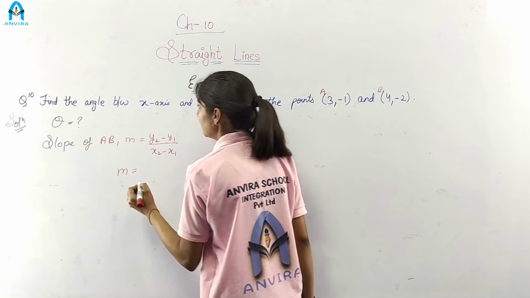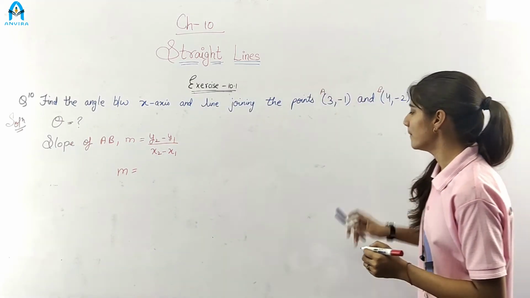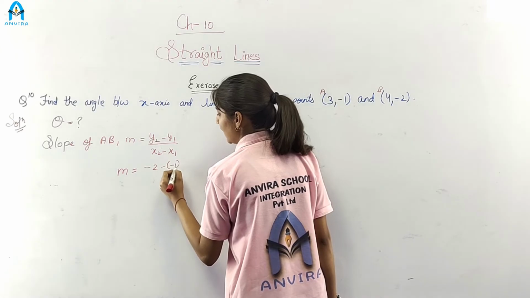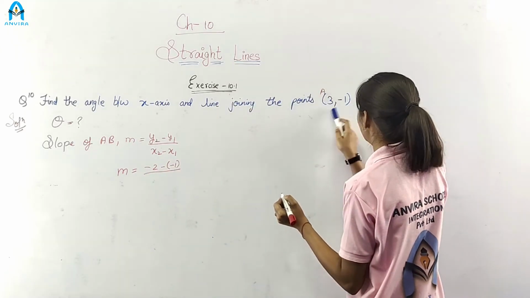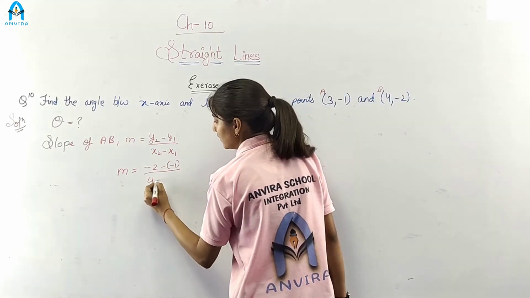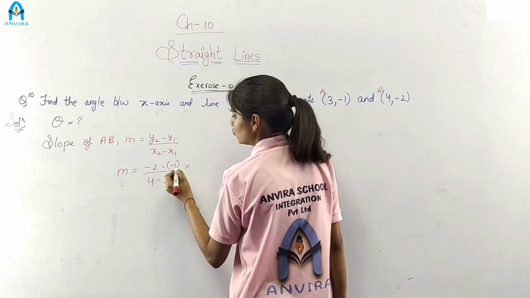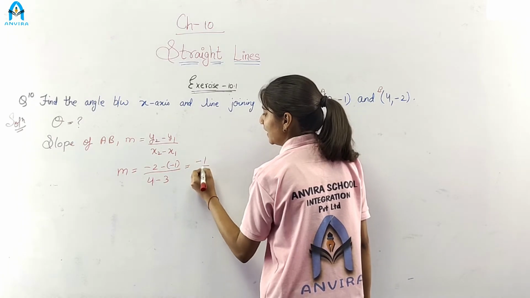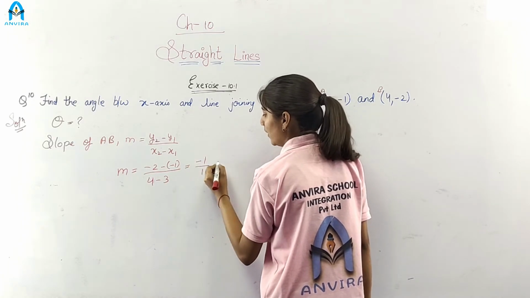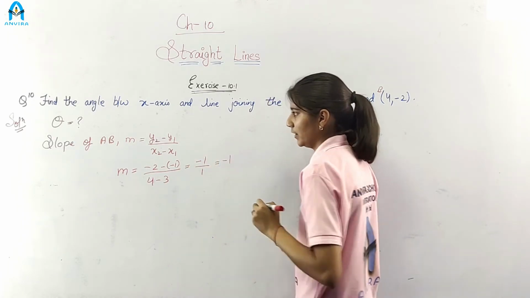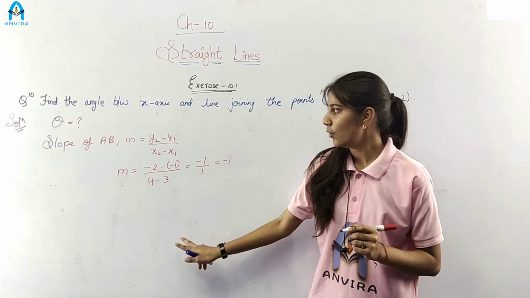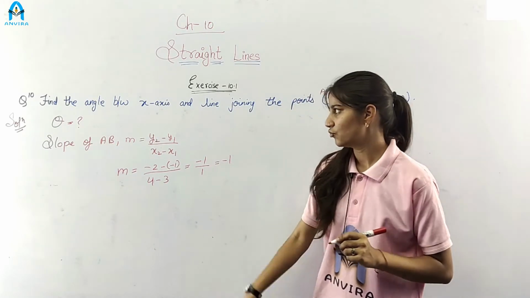So m is given by, what is my y2? Minus 2 minus 1 divided by 4 minus 3. That is equal to minus 1 upon 1, that is minus 1. So here the value of my slope is minus 1.